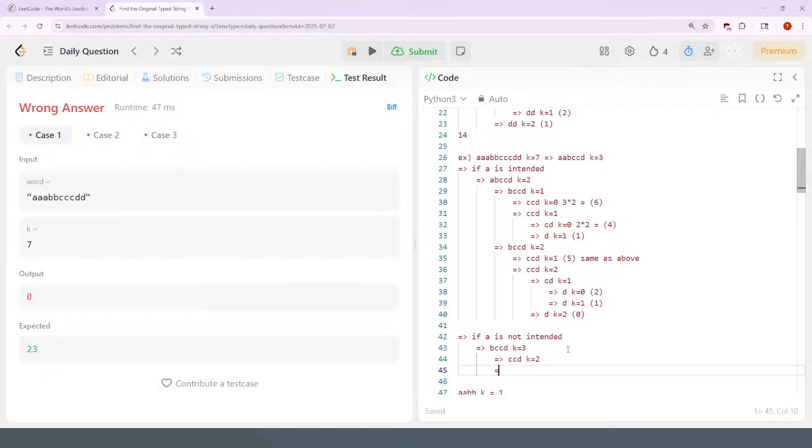Otherwise, okay. So if the first B is intended, then you're left with that. If the first B is not intended, then you're left with CCDK equals 3. This is one way. CCDK equals 2. This could be CDK equals 1. And I think I did that case here, and that's like 3.